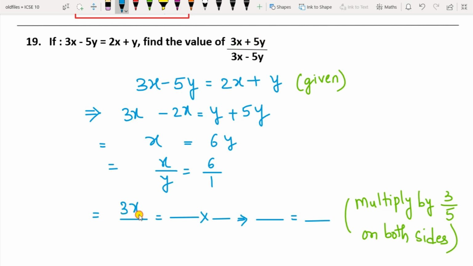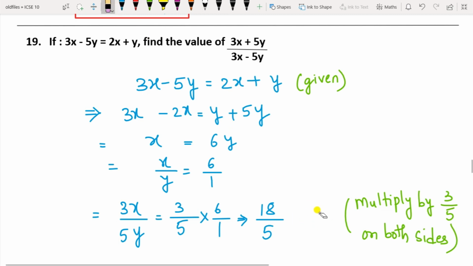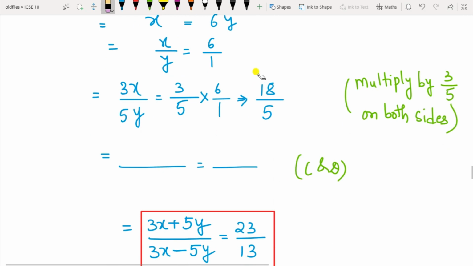So this will be 3x upon 5y equal to 3 by 5 times 6 upon 1, so this will be 18 upon 5. Okay. So 3x upon 5y equal to 18 upon 5.